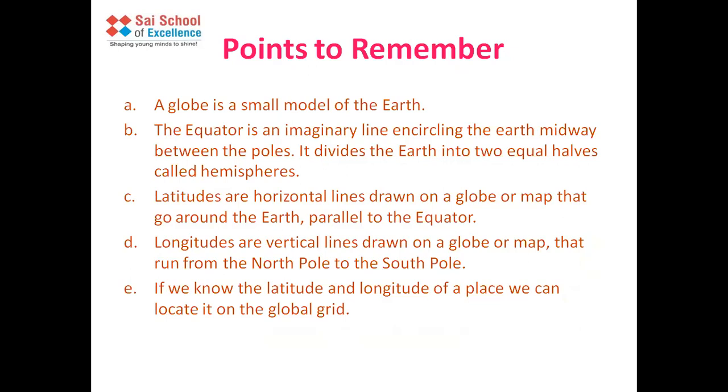Latitudes are horizontal lines drawn on a globe or map that go around the earth parallel to the equator. Longitudes are vertical lines drawn on a globe or a map that run from the North Pole to the South Pole. And if we know the latitude and longitude of a place, we can locate it on the global grid.